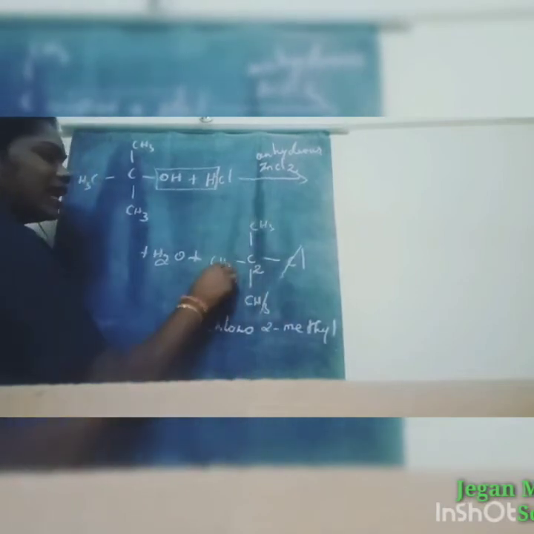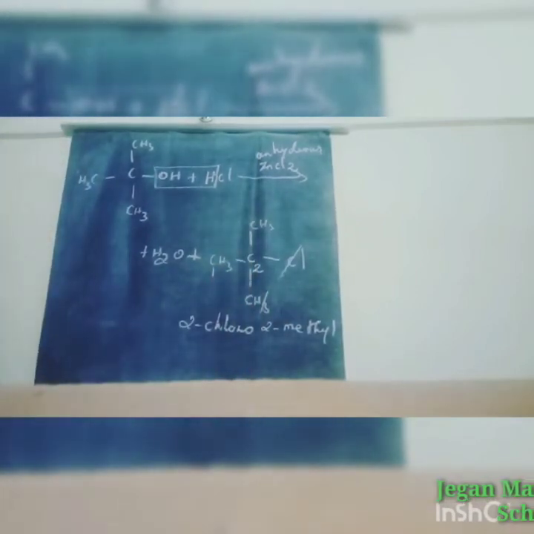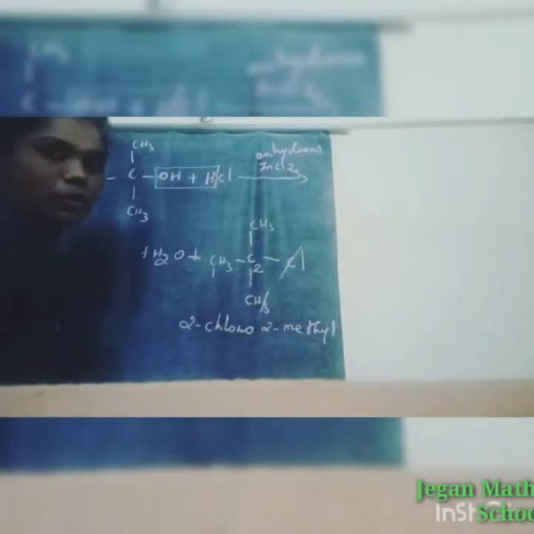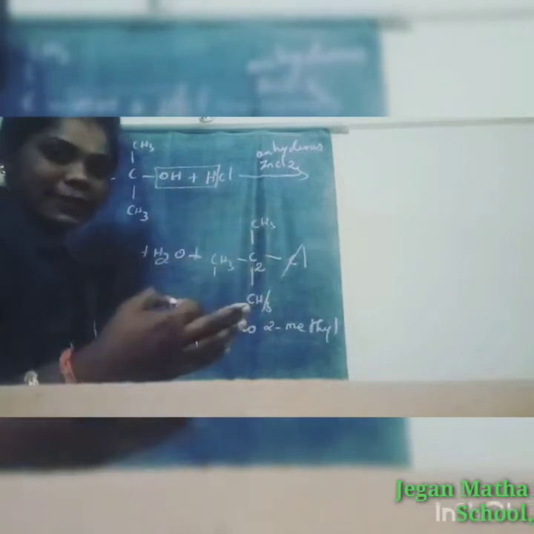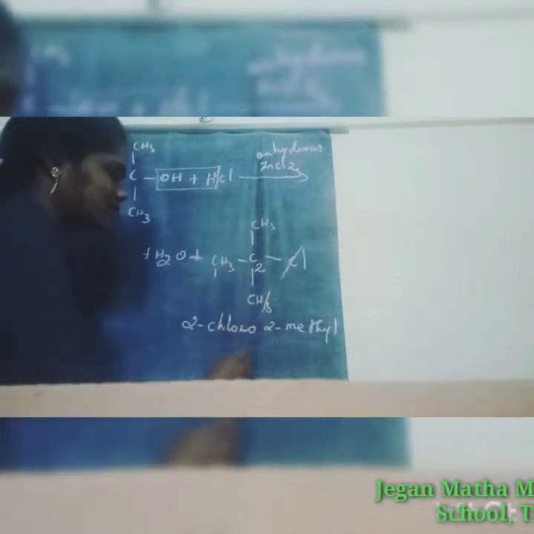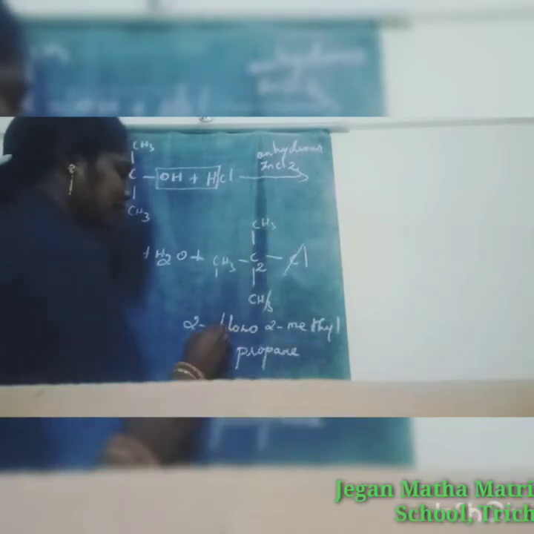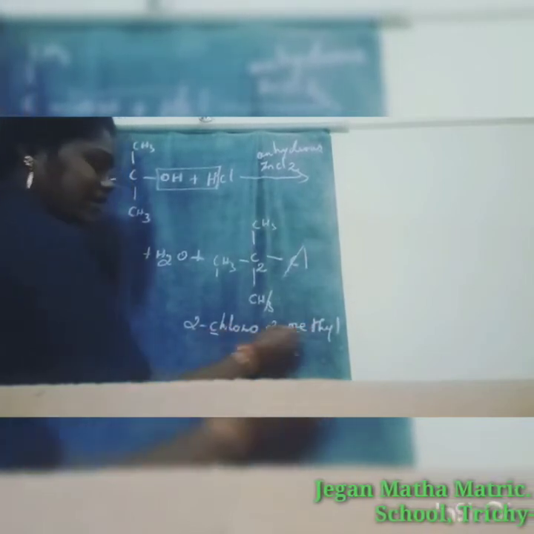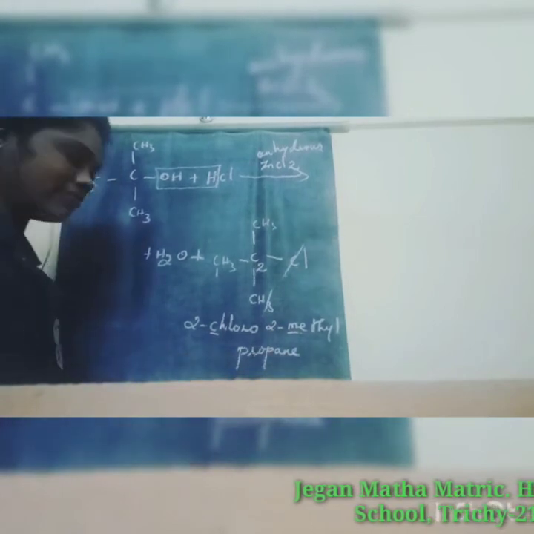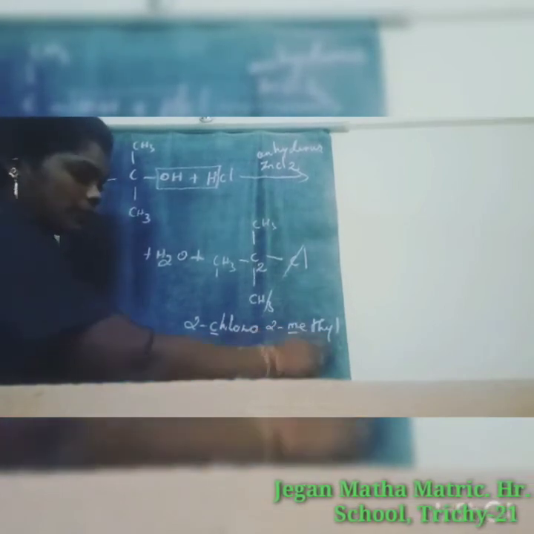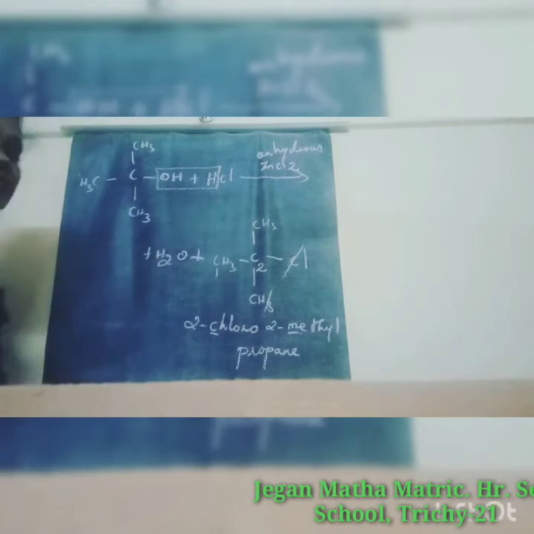And 1, 2, 3 carbons are present, so 3 carbons present means that is the propane group; 2 carbons present means the ethane group. So that is propane. Here C and M come in the alphabet, and C comes first. So 2-chloro-2-methylpropane. And next one, the reactant.